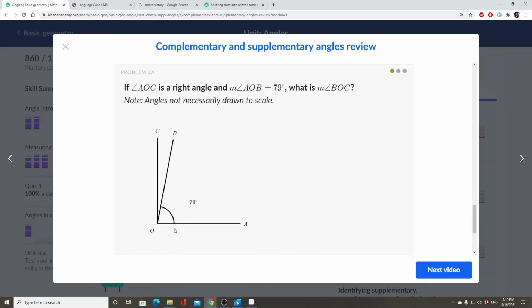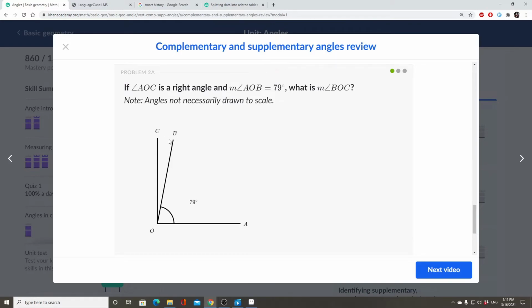Find the missing angle measure. So, if AOC is the right angle, and AOB is 79 degrees, what is BOC? AOC is 90, obviously.